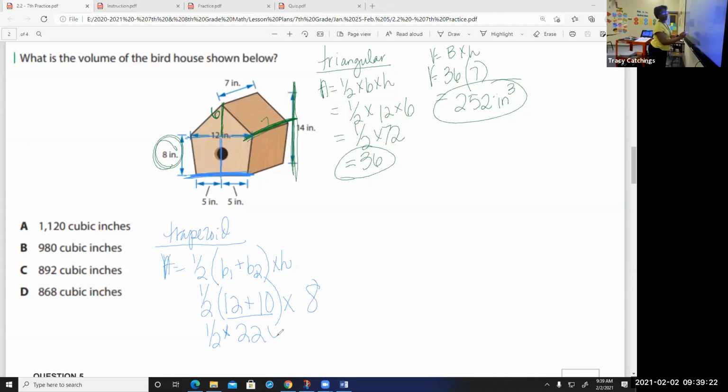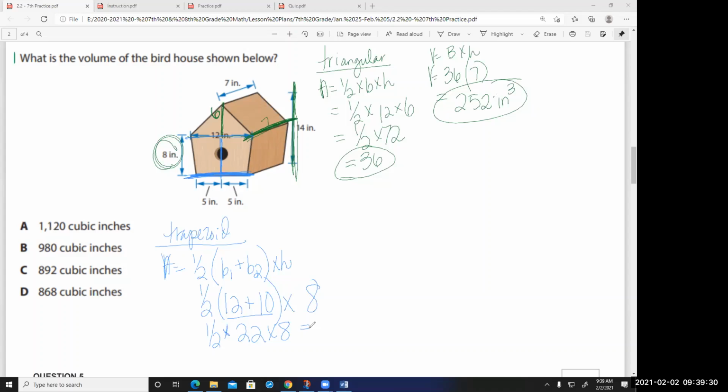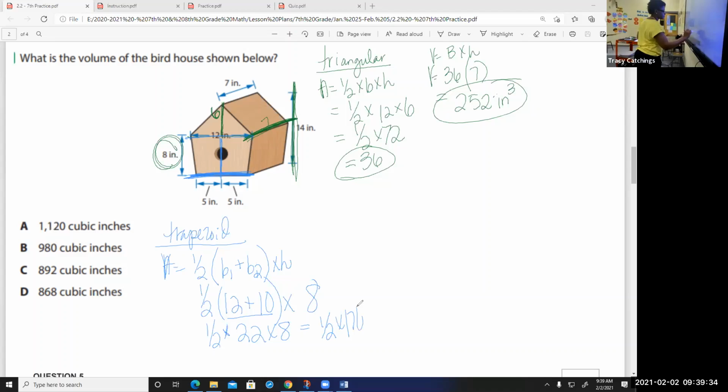All right, multiply that by 8. 176. All right, take half of 176. 88.